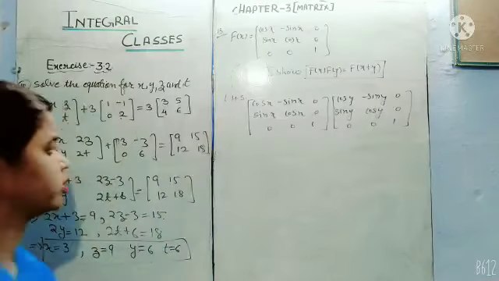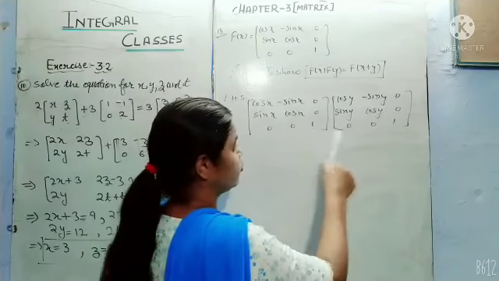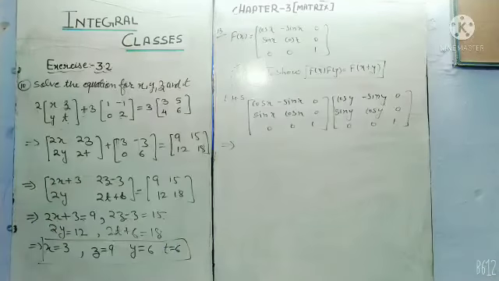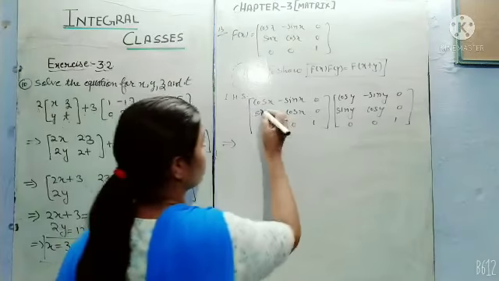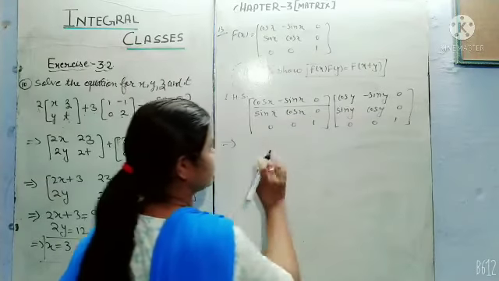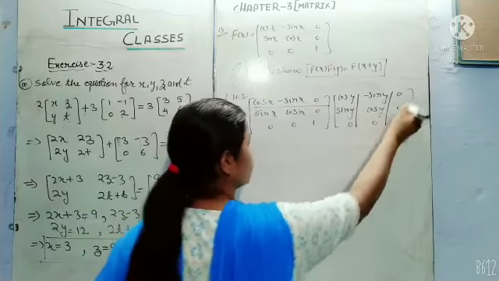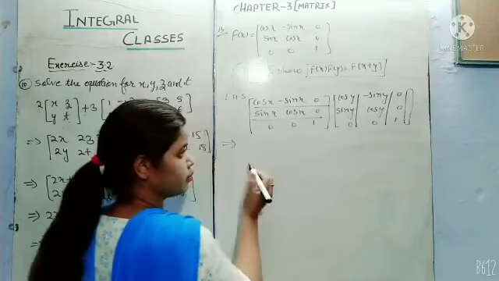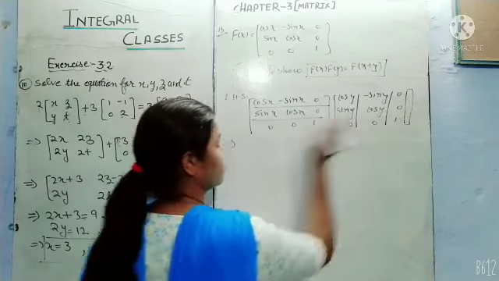Now here student, we have given two matrices and we have to multiply them. So how can we multiply? First row of the first matrix is multiplied by the first column, then second column, then third column. Similarly, the second row of the first matrix is multiplied by the first column, second column, third column.